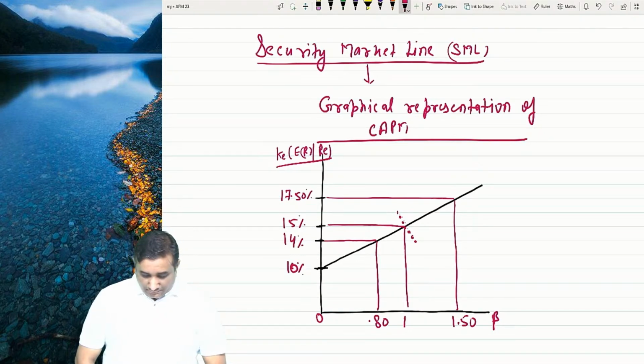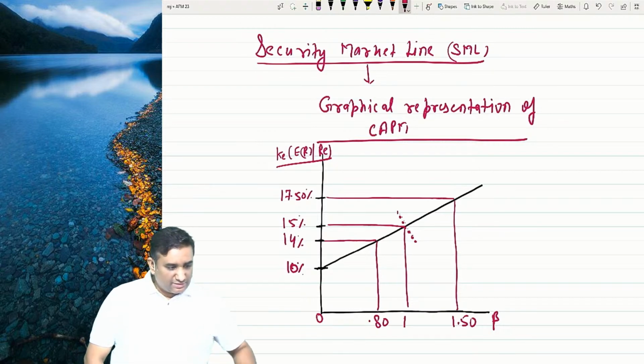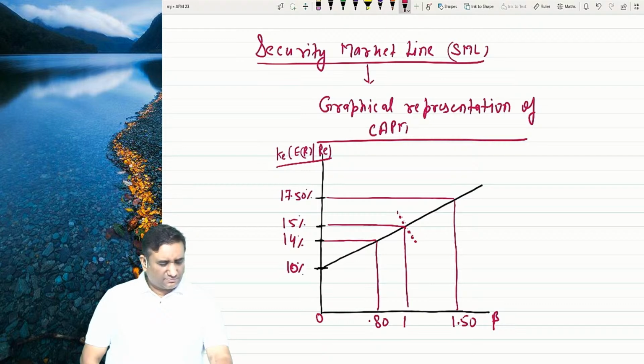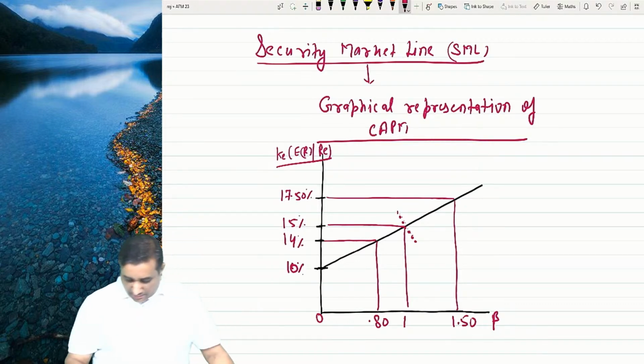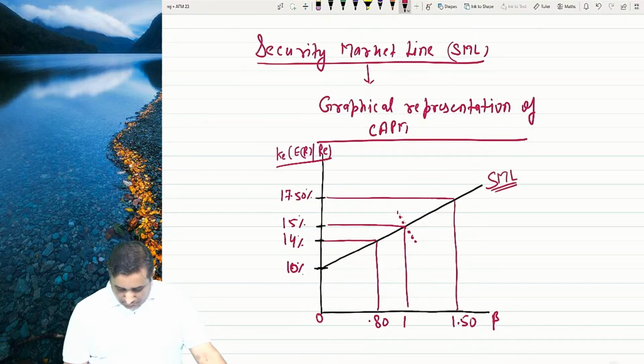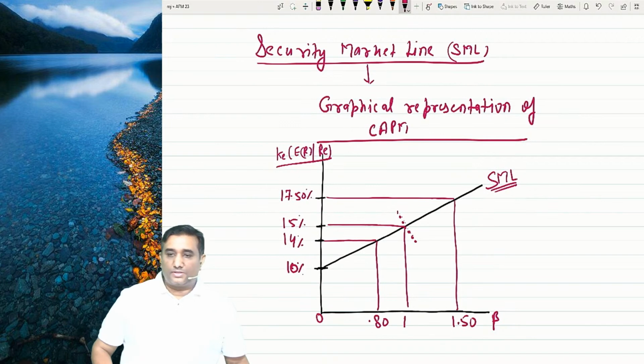Done. It's a graphical representation of CAPM. This is basically the SML line, security market line.